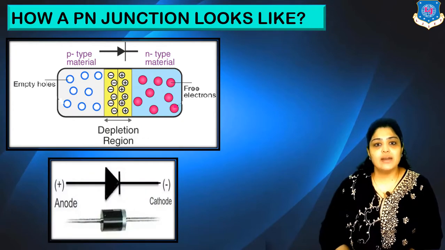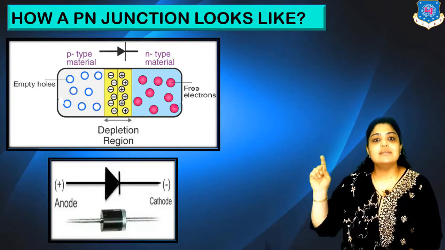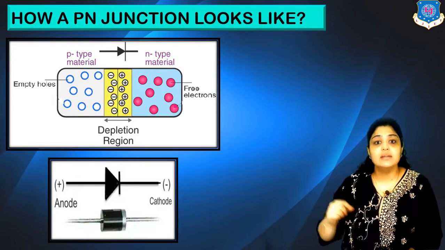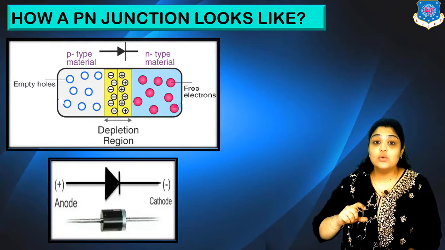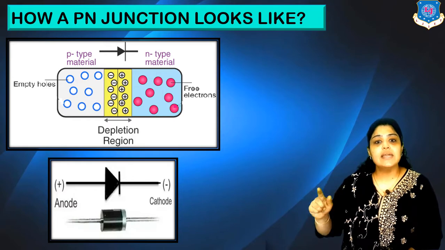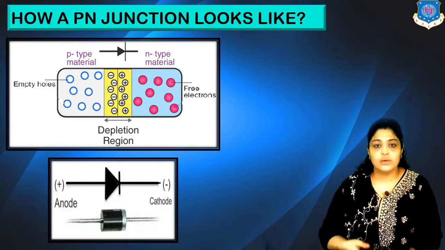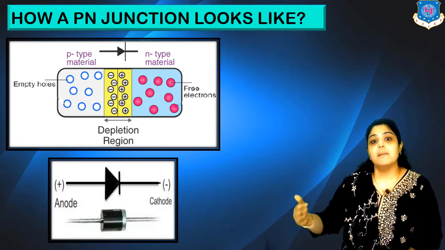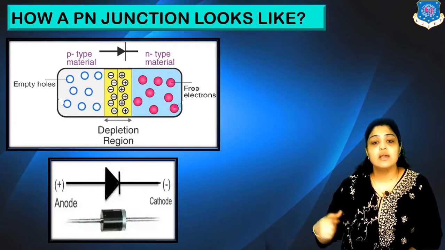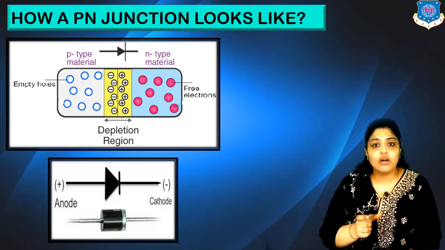In the below two diagrams, you can see the symbol of a PN junction diode. It is represented by a triangle and a vertical or a standing line. The triangle indicates the anode, that means the positive terminal of the diode, and the vertical line indicates the cathode, that is the negative terminal of the PN junction diode. In this same diagram below, you can see how actually a PN junction diode looks like. So this is a PN junction diode made of silicon.